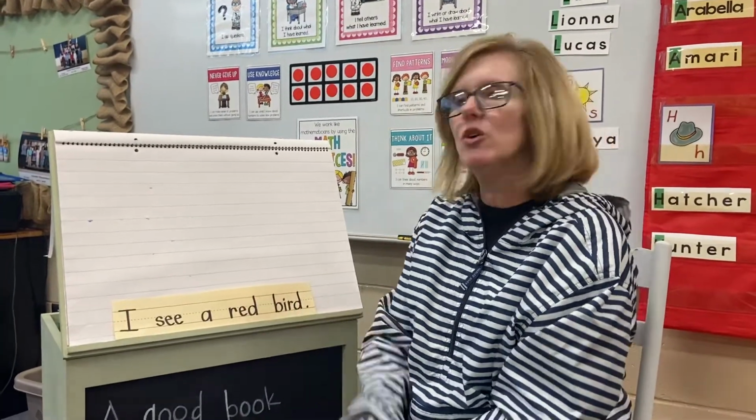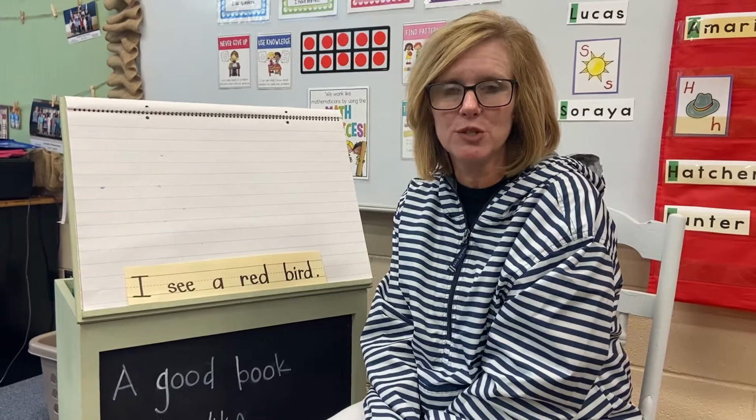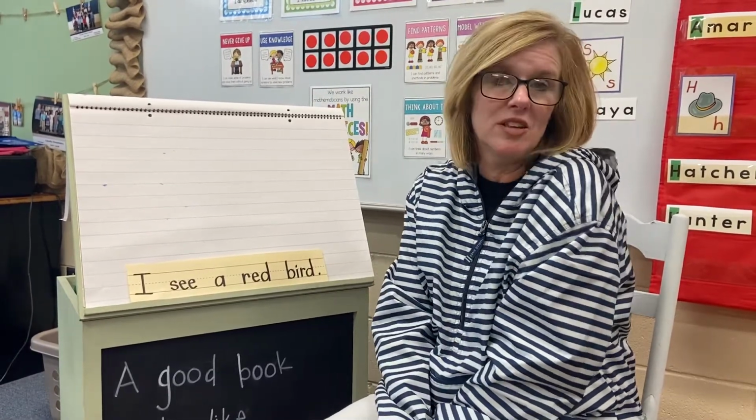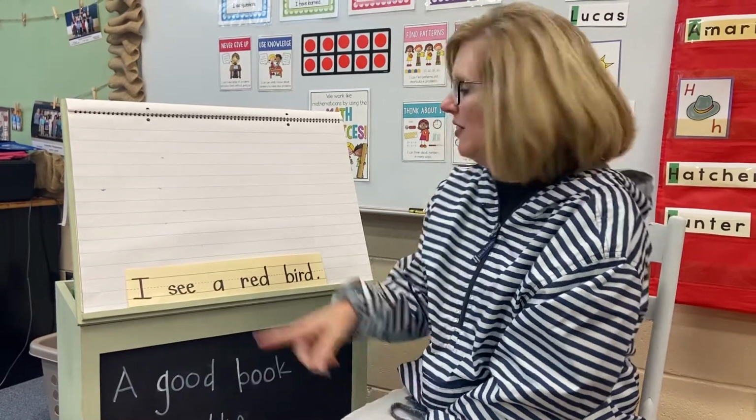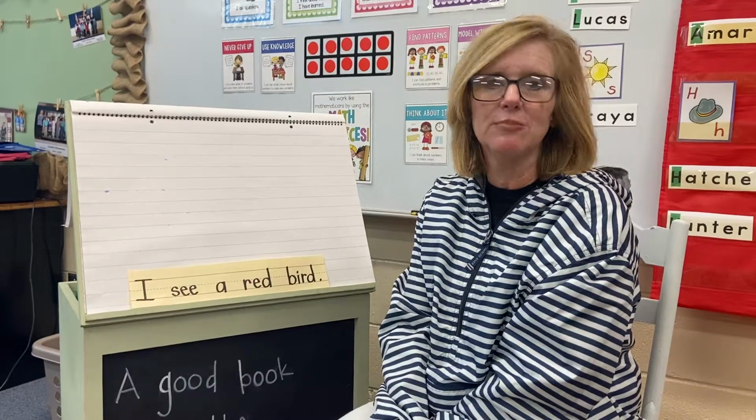But what we want to do with a sentence that we have right here is we want to cut it. And when we cut it, we're always going to cut it on the finger spaces. Now, before we cut it, let's look at some things about this sentence and let's see if we can figure out what it says. This is a sentence from your story, Brown Bear, Brown Bear.